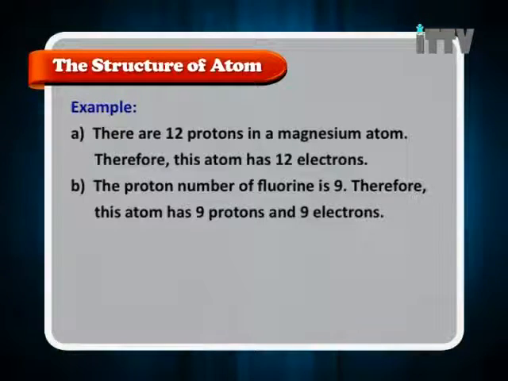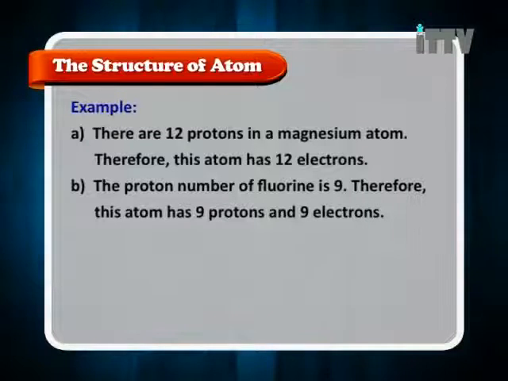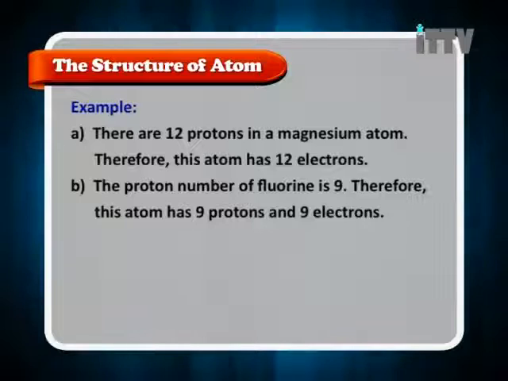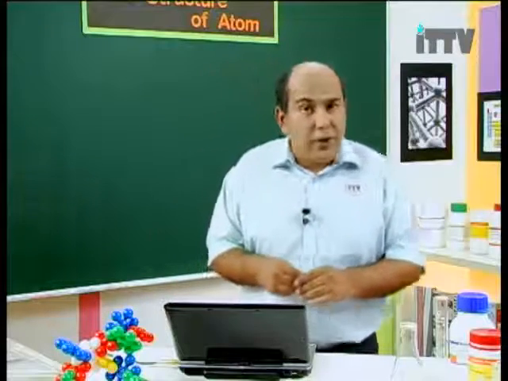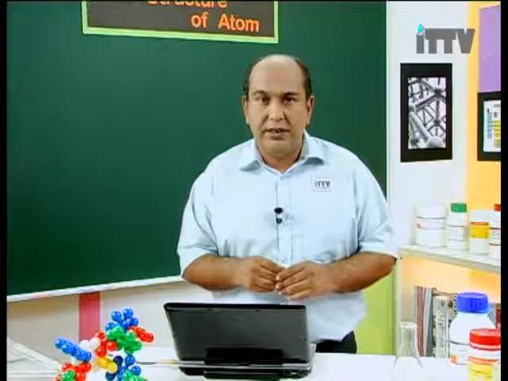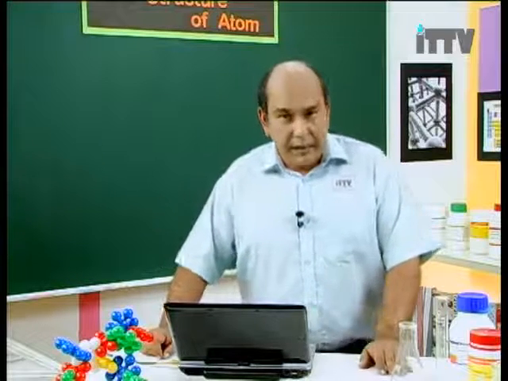The proton number of fluorine is 9. Therefore, this atom has 9 protons and 9 electrons. So remember, the proton number is the number of protons in the nucleus of an atom of an element.